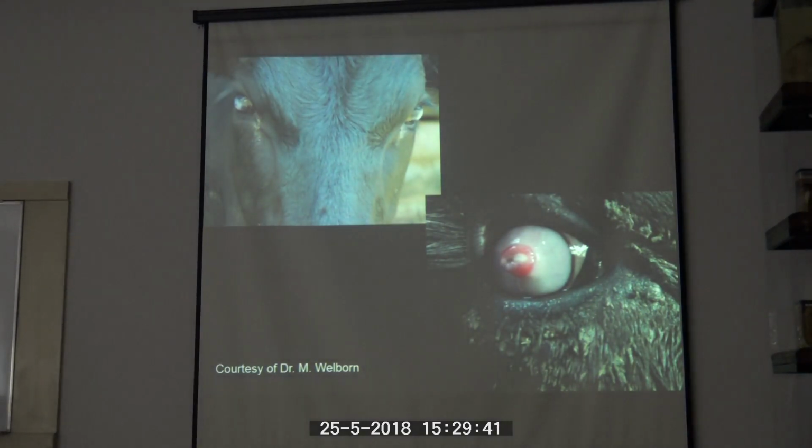Moraxella bovis. So as I pointed out, this is a lesion that is very typically characterized by central ulceration of the eye. That's because you have flies, stable flies often, that are mechanical vectors for the Moraxella.